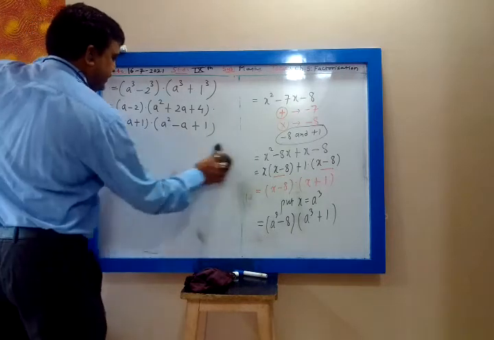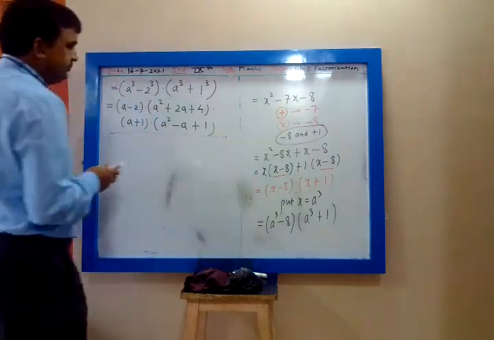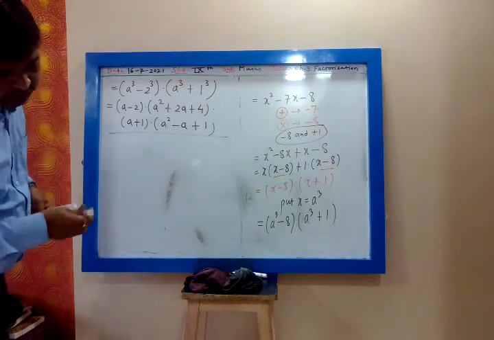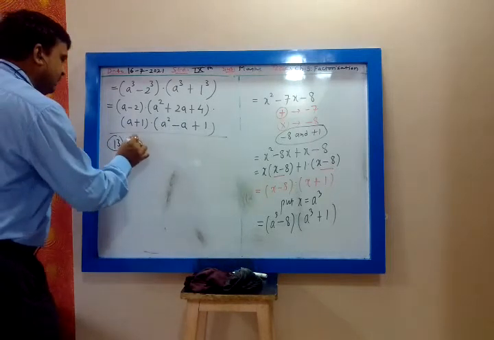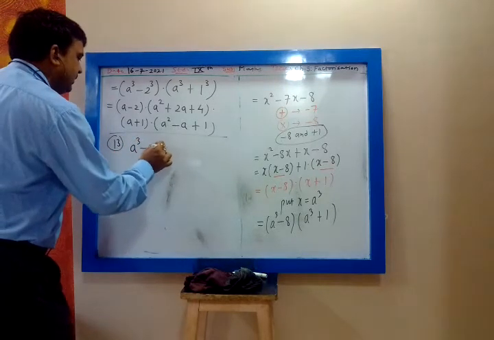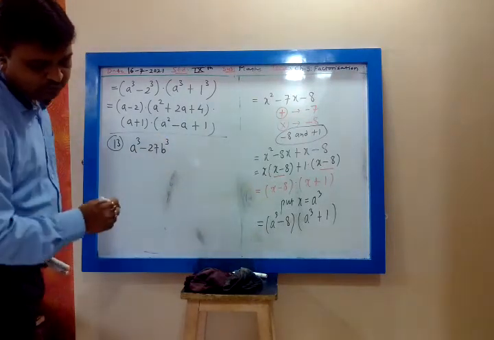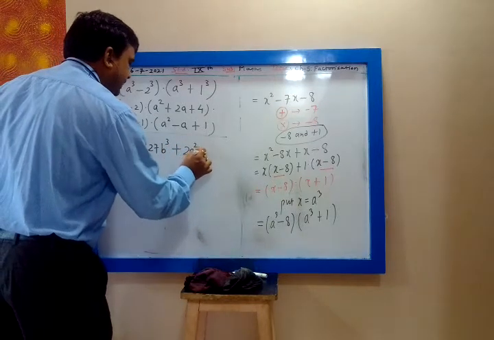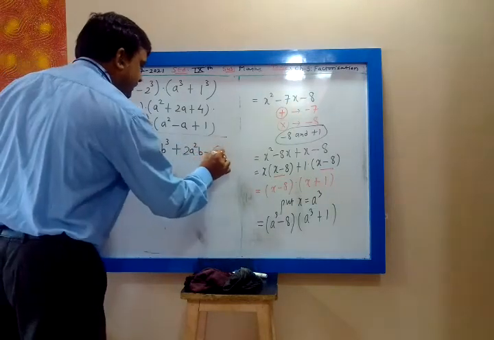Now next part: a cube minus 27 b cube plus 2a square b minus 6ab square.